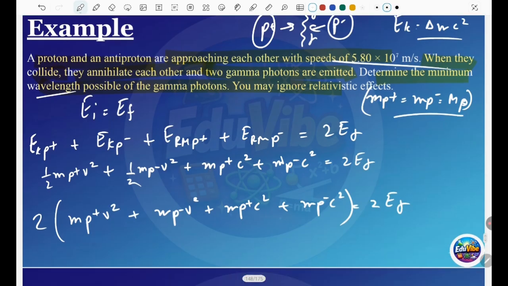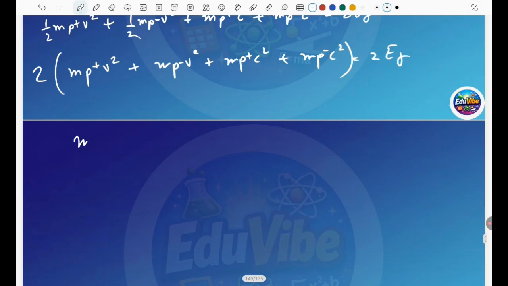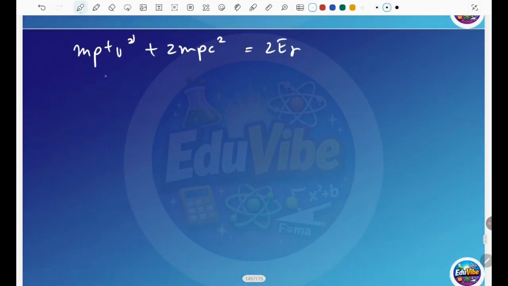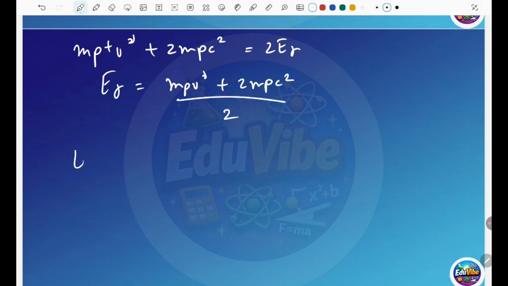Now you get m_p v squared plus 2 m_p c squared, which is equal to the energy of the two photons. Now this photon energy is equal to m_p v squared plus 2 m_p c squared, upon 2. So now you have to have all the values.